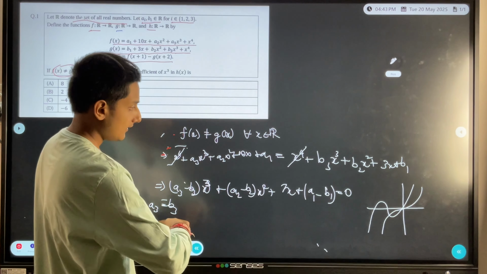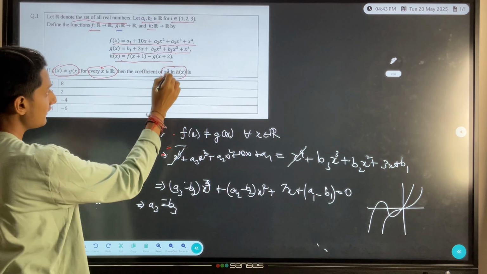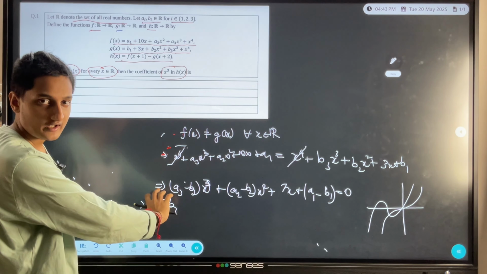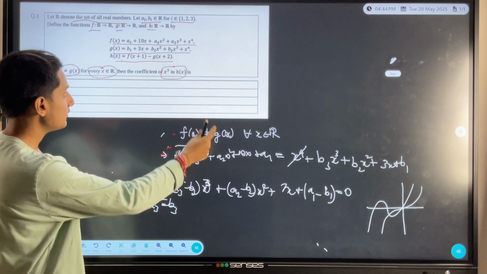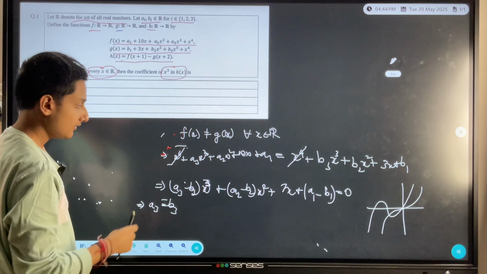Now what the question asks is the coefficient of x cube in h(x). Now we know that a3 is equal to b3 from this equation, and any x power 3 term can only be produced by x cube or x power 4 term, right?